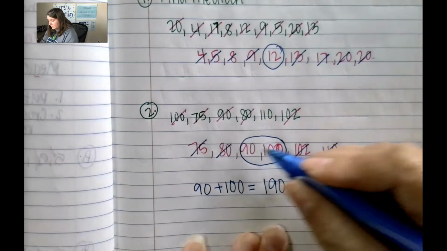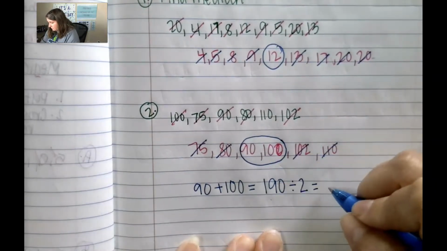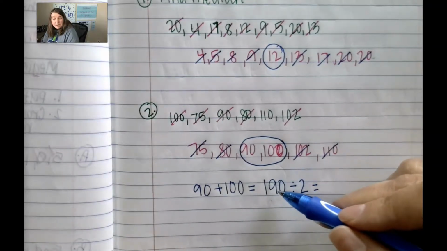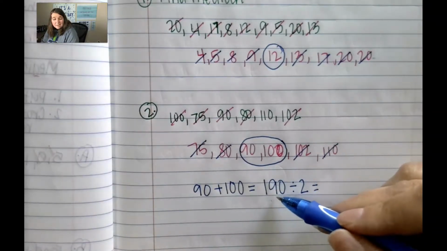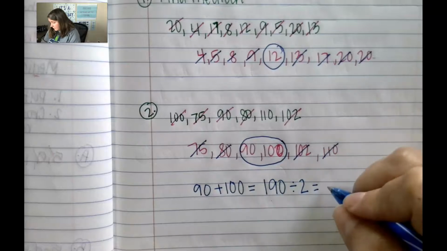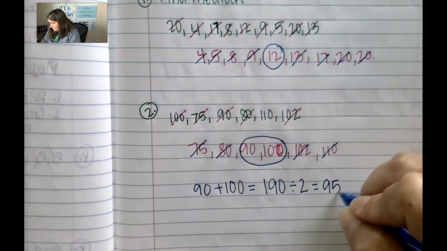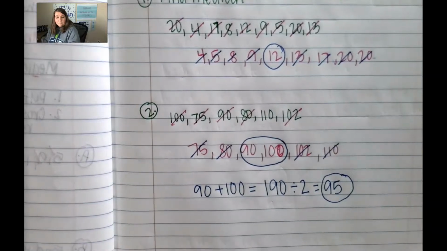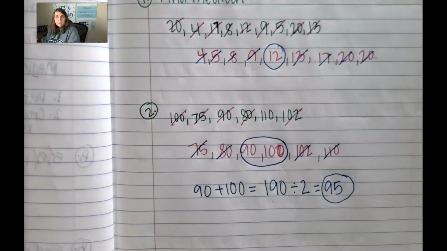So if this was 180, we would know it would be 9, right? So 18 is 9 and 9, but there's a 10 left over, so this is 95. So our median is 95. How did you do on this one?